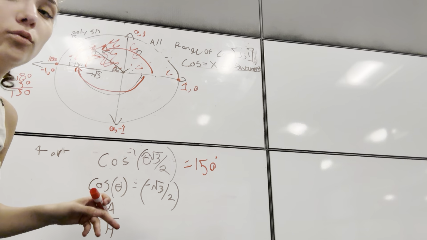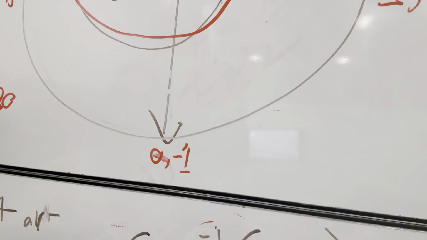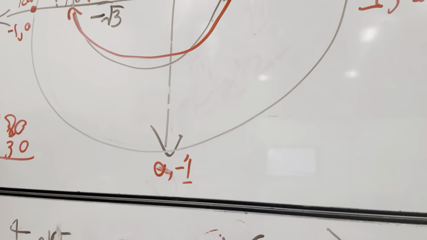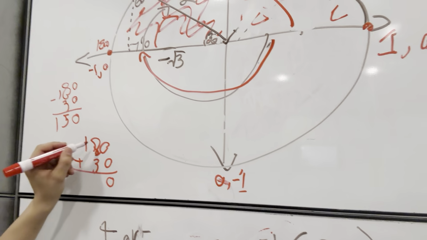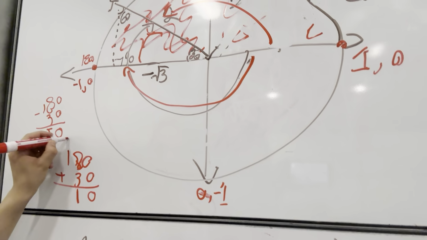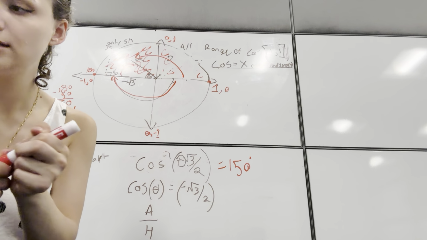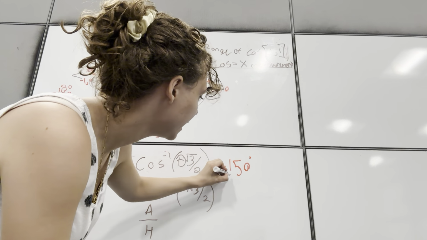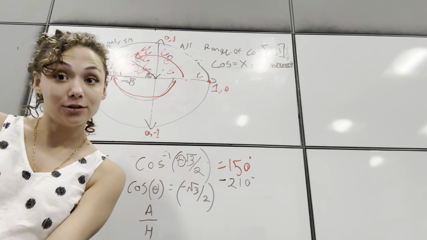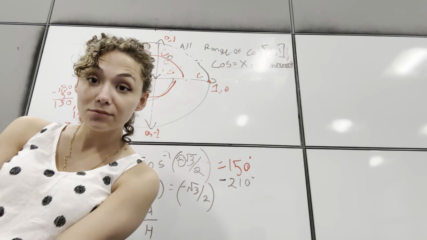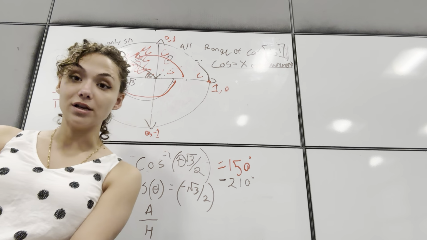So 180 plus 30: 0 plus 0 is 0, and 8 plus 3 is 11, so we bring the 1 up here. It's 210. So I could also say that this measurement is equal to negative 210 degrees. Now, if I was your professor, I would want you to write in positives because most of the time we use positives. However, it's always good to remember both sides.